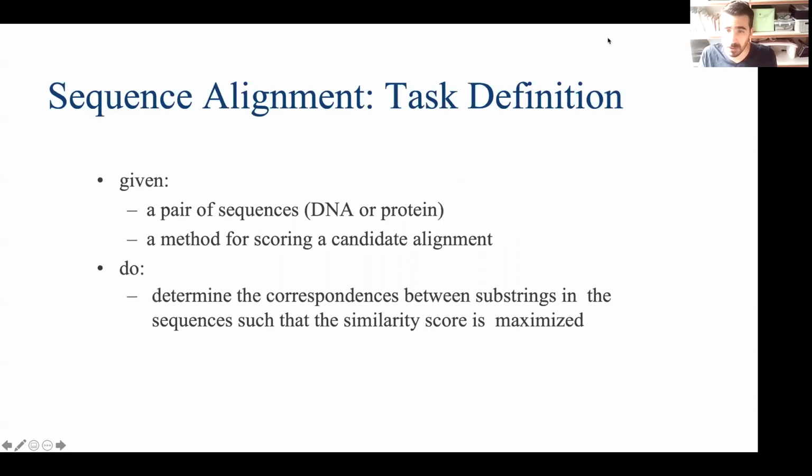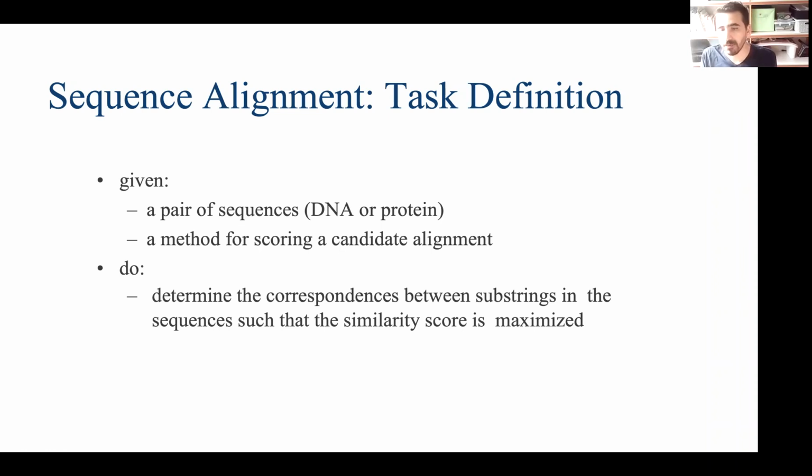So what do we do first of all? We have two sequences, a pair of sequences. These sequences can be DNA sequences or protein sequences, right? And then we can try many different alignments between these two sequences. That means we need a method for scoring these alignments.